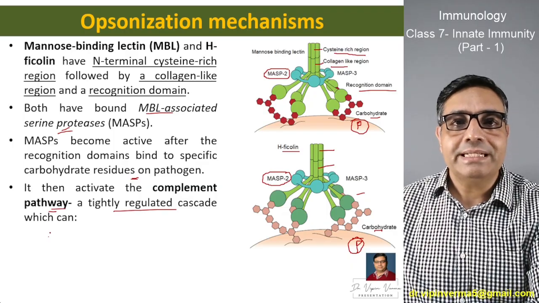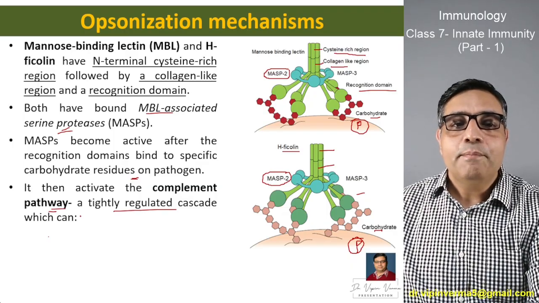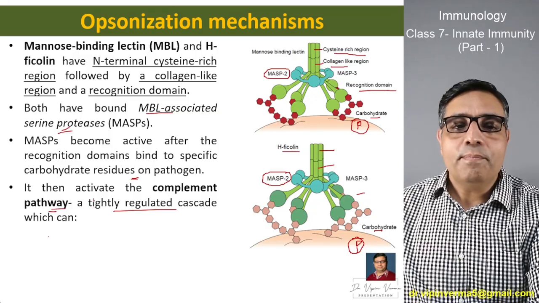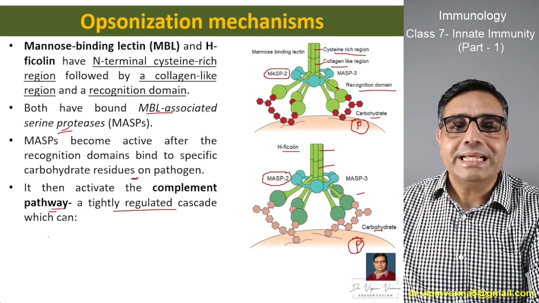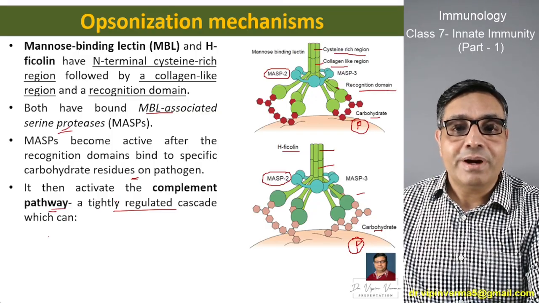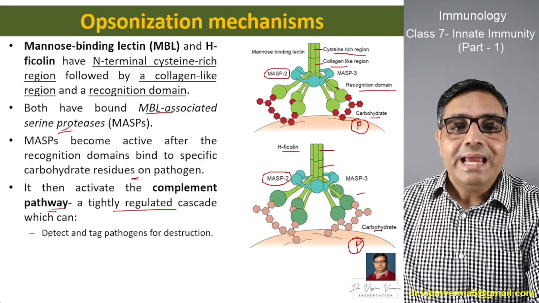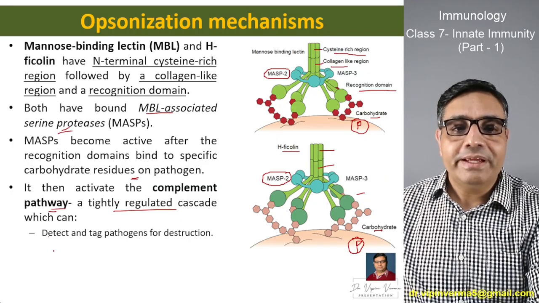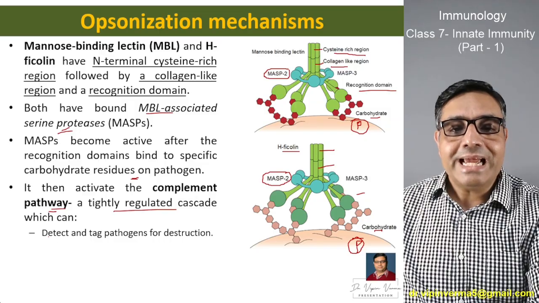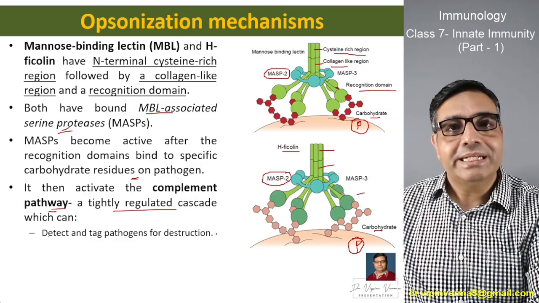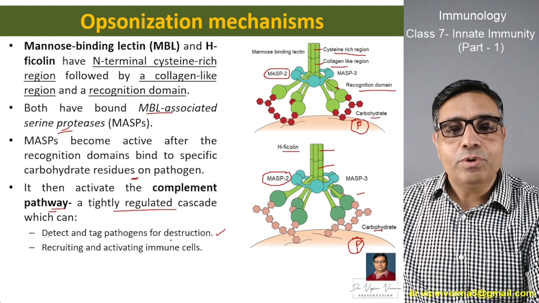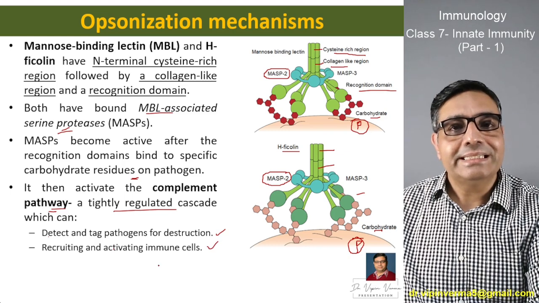We will see in the next class what the complement pathway is, but here you should understand that the complement pathway is a tightly regulated cascade which is activated by these opsonins. Through this pathway we can detect and tag pathogens for destruction. That is one thing. Then we can recruit and activate immune cells. That is another thing.